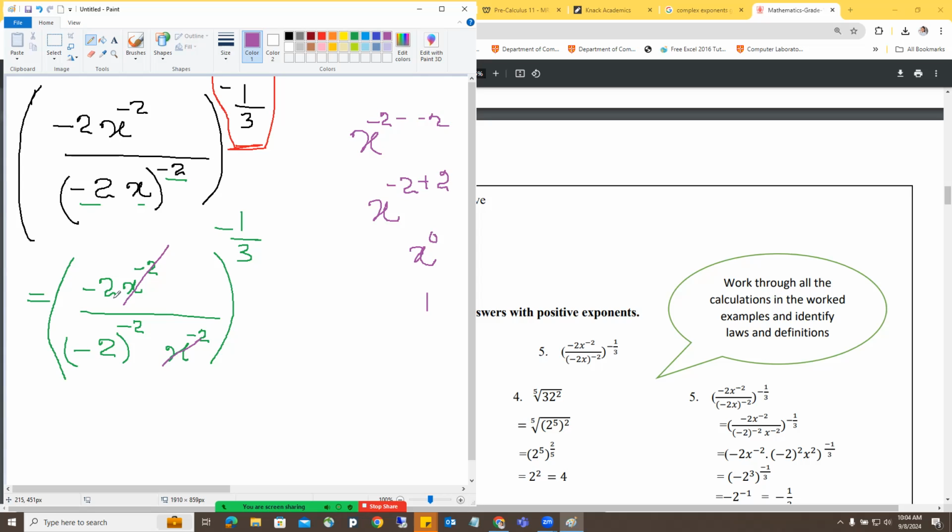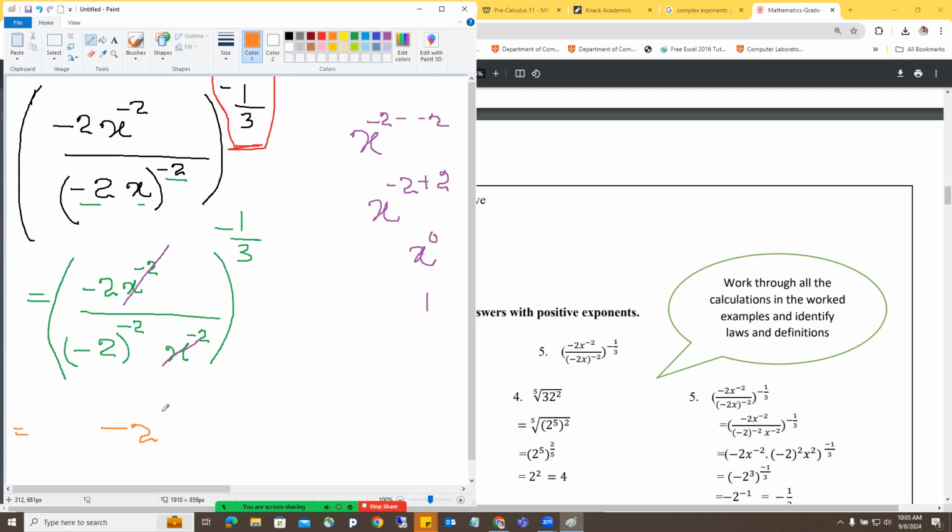Now here we have minus 2, and as the denominator we have minus 2 with the power again minus 2. So what's the value we get after solving these two? That means minus 8.